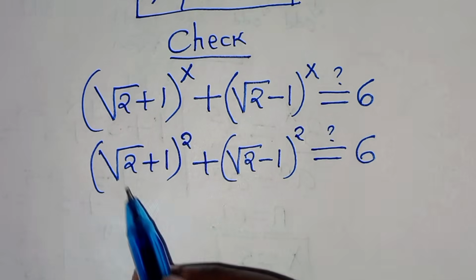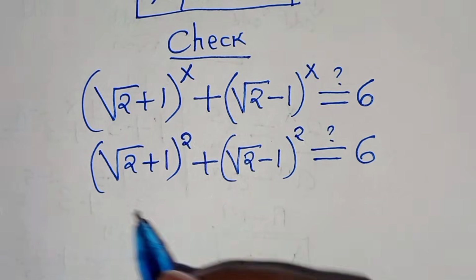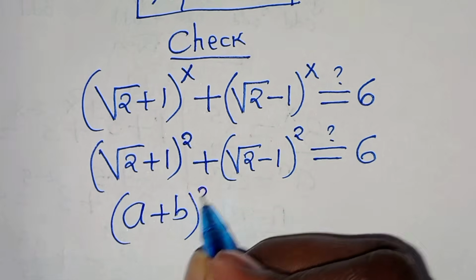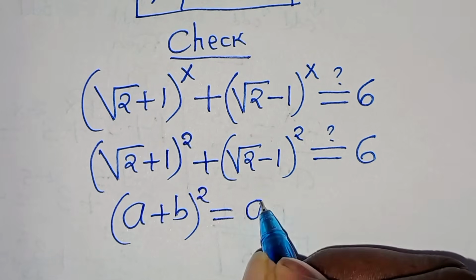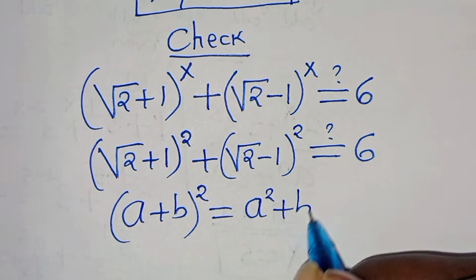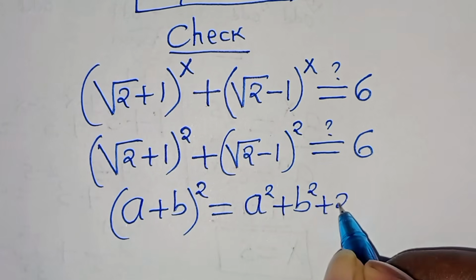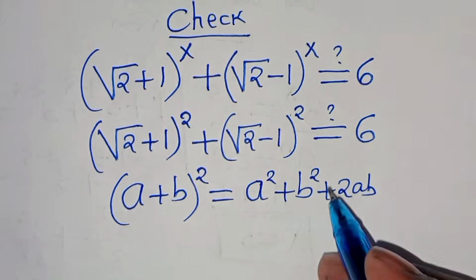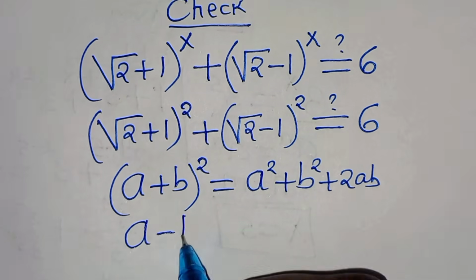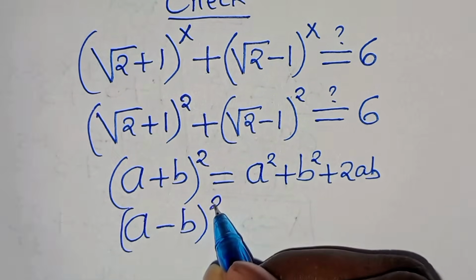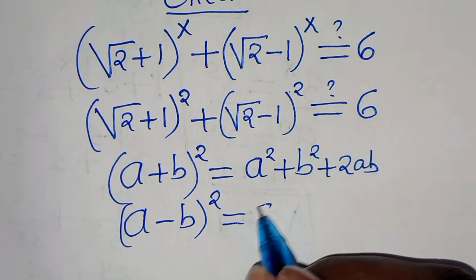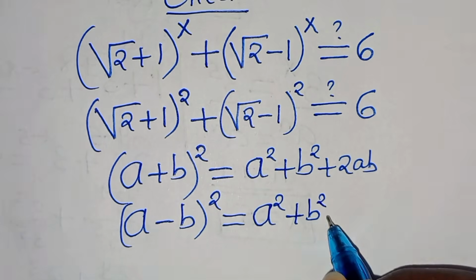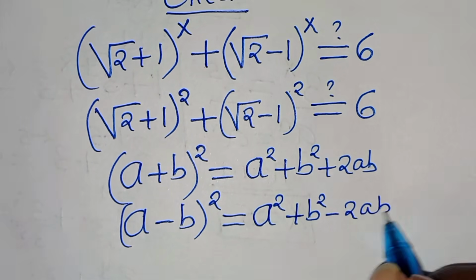Now, square root of 2 plus 1 to the power of 2 is in the form of a plus b raised to the power of 2, which we can express as a squared plus b squared, plus 2ab. And square root of 2 minus 1 to the power of 2 is in the form of a minus b raised to the power of 2, which can be expressed as a to the power of 2 plus b to the power of 2, subtract 2ab.